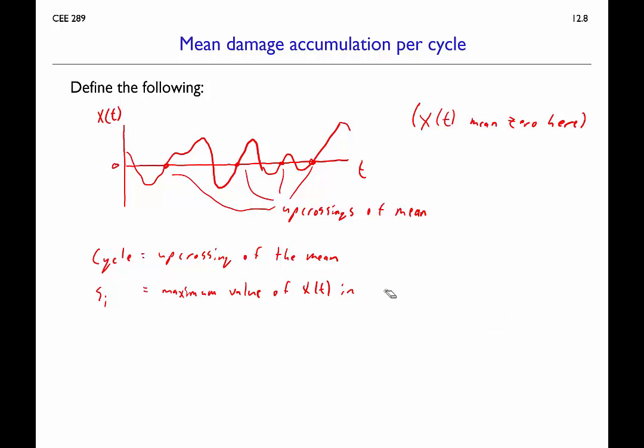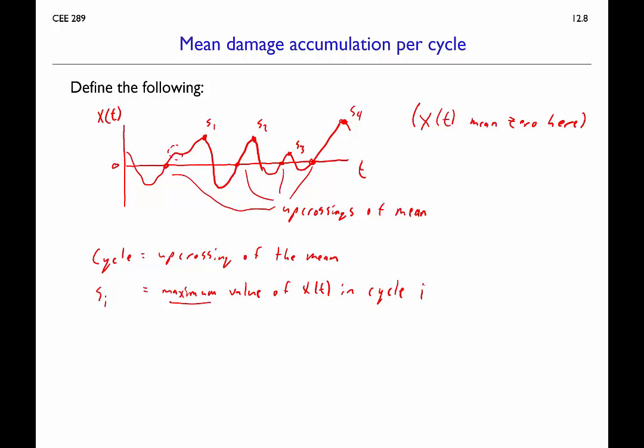Let's call it cycle i. In this first cycle, the maximum was up here, so we could call that S_1. In the second cycle, the maximum is there, S_2, S_3, and S_4. And if we just think about the maximum, what we're doing is ignoring any local maxima that are not the maximum of the cycle.